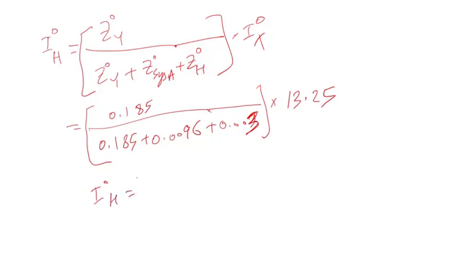So if you carry out the calculation, it's 12.405 per unit.